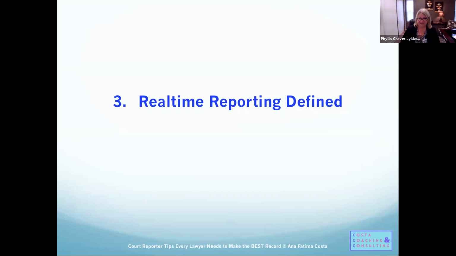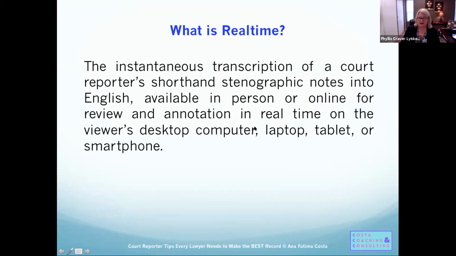But what is real time? It's the instantaneous transcription of a court reporter's shorthand stenographic notes into English, available in person or online for review and annotation in real time on the viewer's desktop, computer, laptop, tablet, or smartphone.